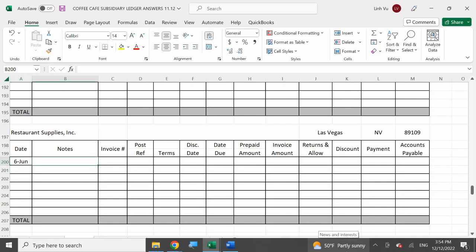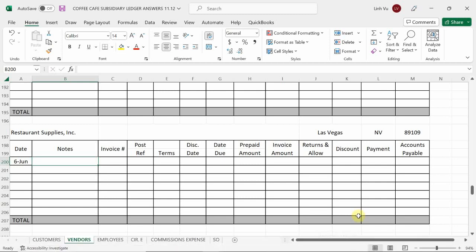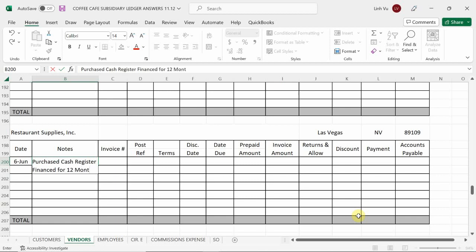The information I need to disclose is that I purchased a cash register, which I financed for 12 months at 0% APR.